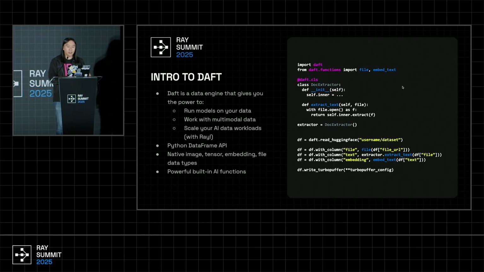We also have powerful built-in AI functions. Prompt is one of them. Another one, for example, is embed text, which I'm showing here.